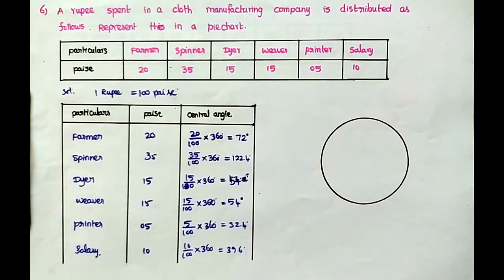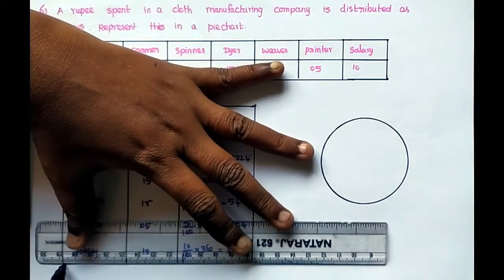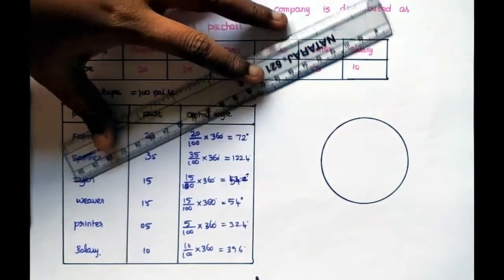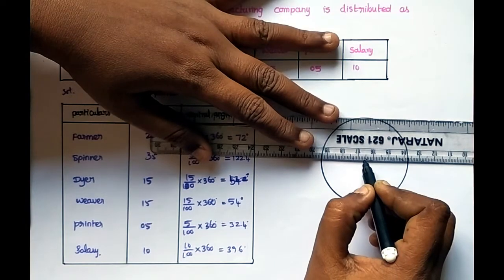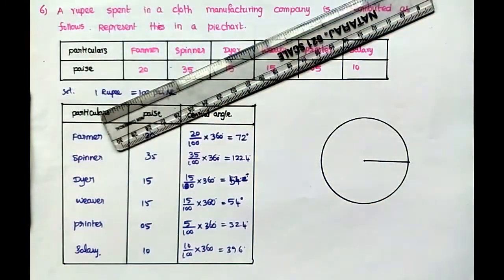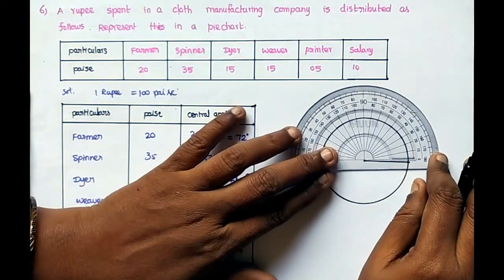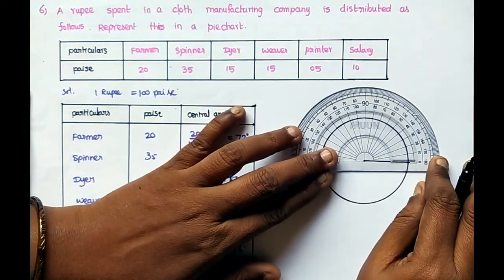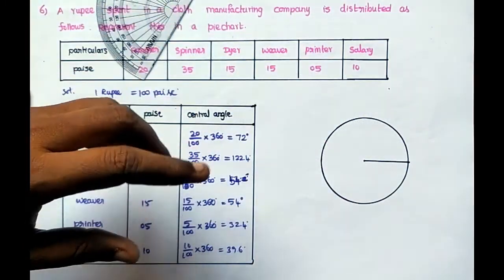Now draw the pie diagram. First, draw any line, a radius. From that we have to measure the degrees. 72 here.